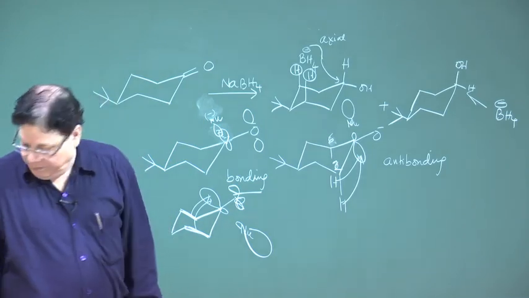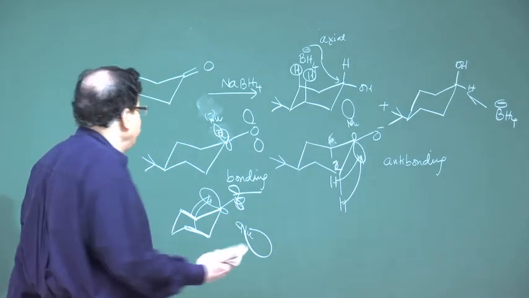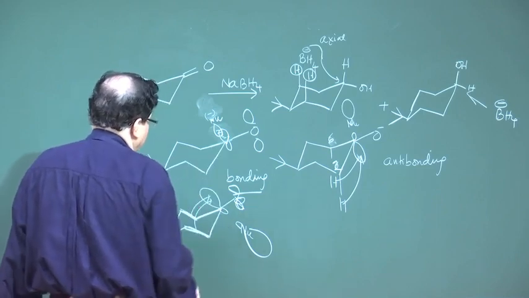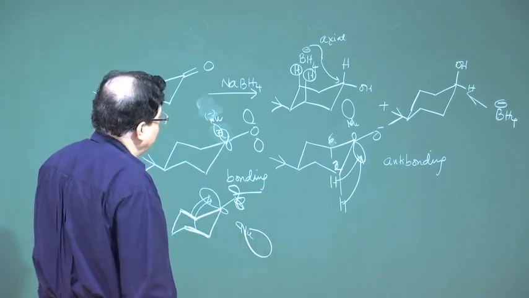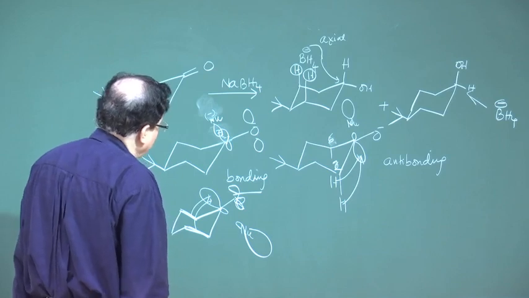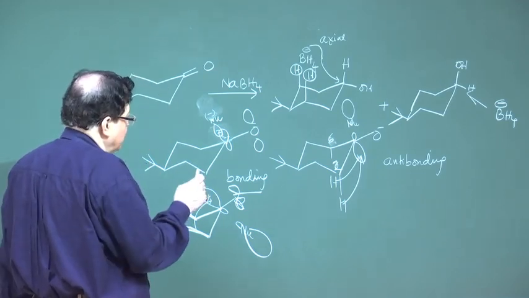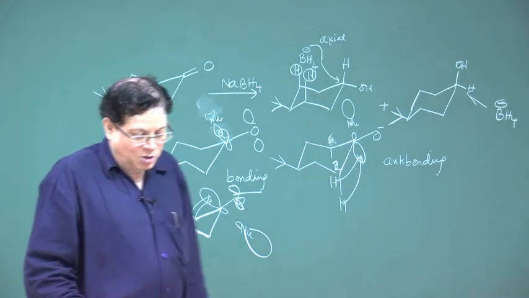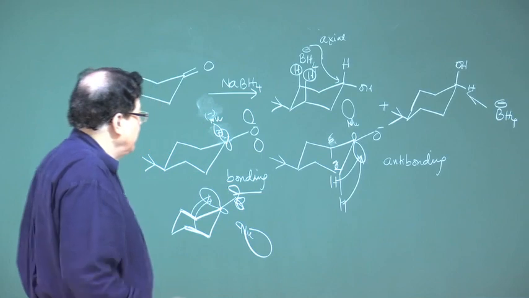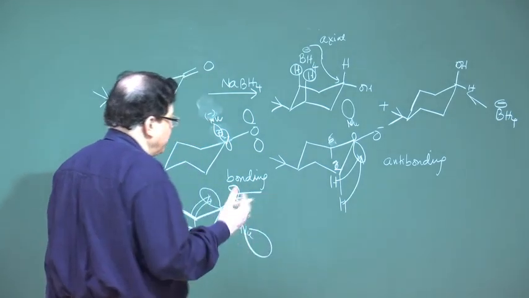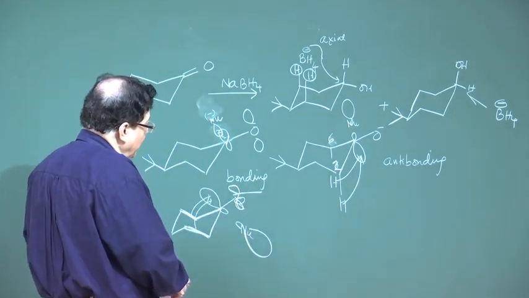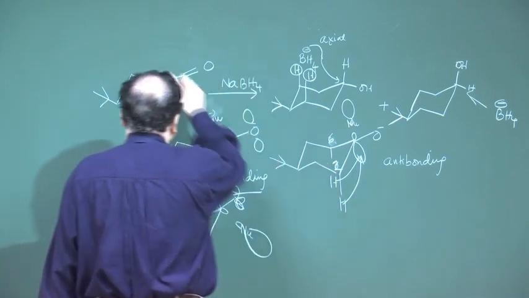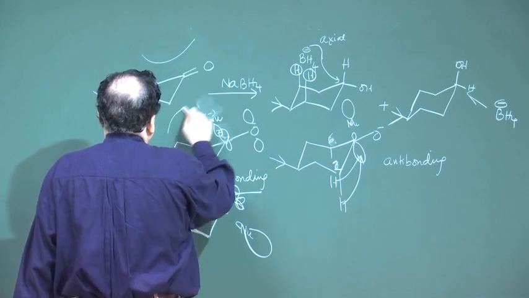So, that was the status at that time. Then people started arguing that this may not be an ideal system to test Felkin's hypothesis. Felkin said that the transition state is stabilized due to electron donation from adjacent bonds to the incipient, that means the forming, antibonding orbital. So, now what was the criticism? The criticism was that in cyclohexane the two faces are not identical.